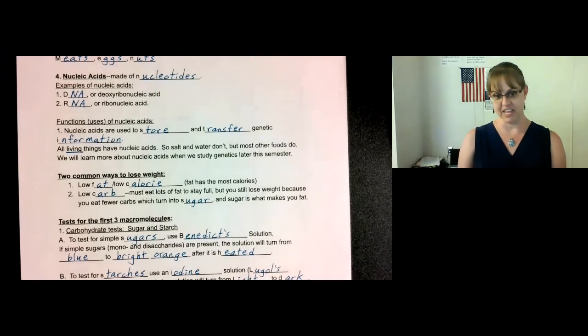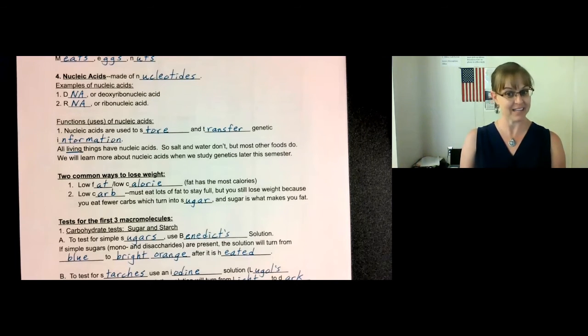So all living things have nucleic acids. All living things have either DNA or RNA or both. So, for example, salt was never alive, so it does not have DNA and RNA. And water was never living, so that does not have DNA and/or RNA. But most foods do.